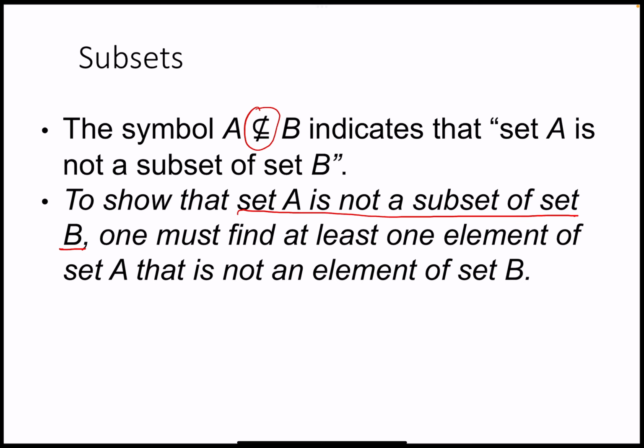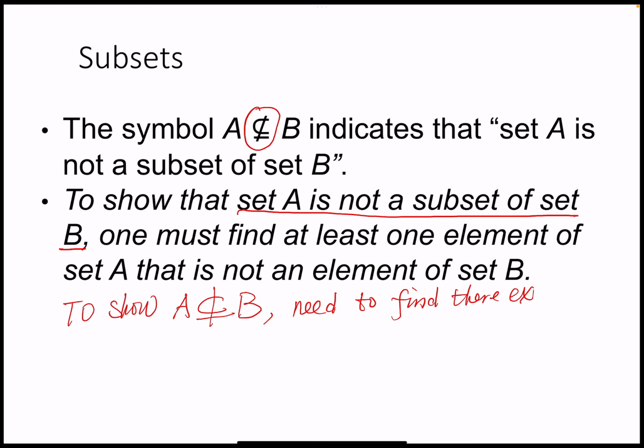Well, you can find at least one element of set A that is not an element of set B. So to show A is not a subset of B, we need to find there exists a in A, but a is not in B. Okay, later I will talk about examples.